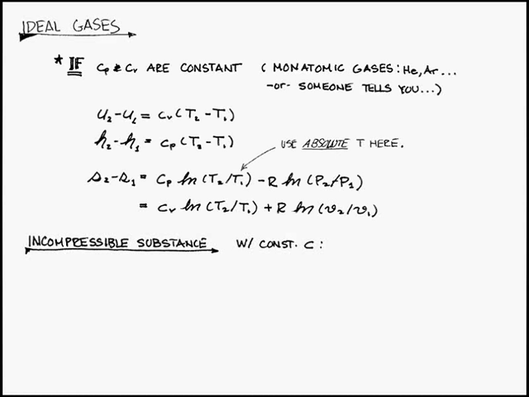Delta u is c sub v delta T. Delta h is c sub p delta T. s2 minus s1 is c sub p log of T2 over T1 minus R log P2 over P1, etc. So you have to use absolute temperatures when you're using the entropy equations. And to use any of these equations, you have to have constant specific heats for your ideal gas.